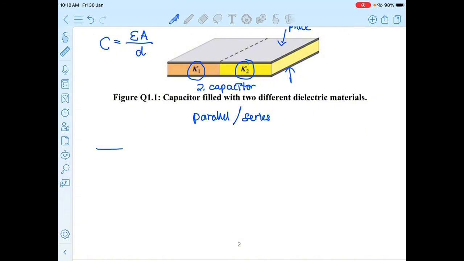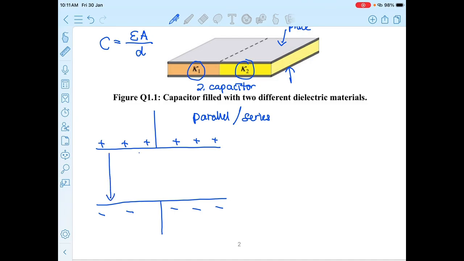If I redraw this capacitor from the side view, this is the top and bottom plate. Assuming the positive charge is accumulated at the top plate and the negative charge at the bottom plate, the electric field will go down this way. Half of it is K1 and the other half is K2.